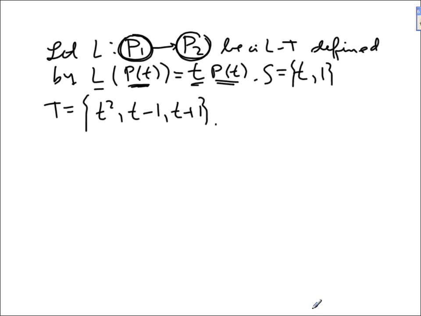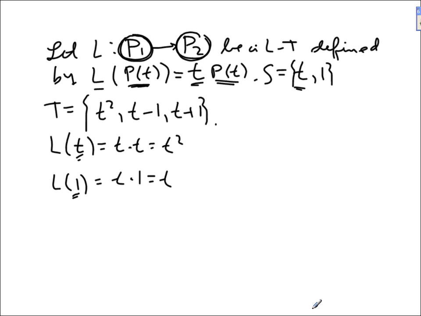Okay? So I need to find L of t. I need to find L of 1. So it's t times t, t squared, and it's t times 1, which is t. I want to write this using the basis T. Well, t squared is just 1 t squared and nothing else.